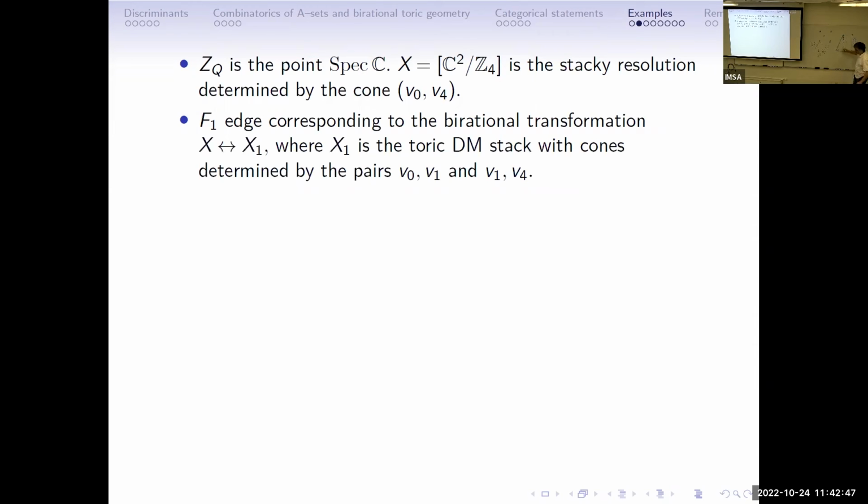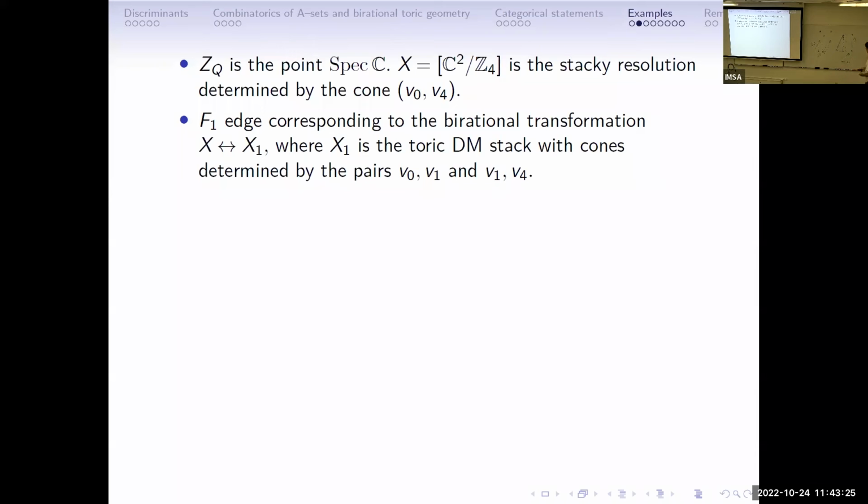one of the stacky resolutions obtained by considering one of the possible triangulations. So for example, the easiest one to think about is this one. So 0 and 4. You ignore all the points here, and from the point of view of stacks, the limit is going to be C2 over Z4.